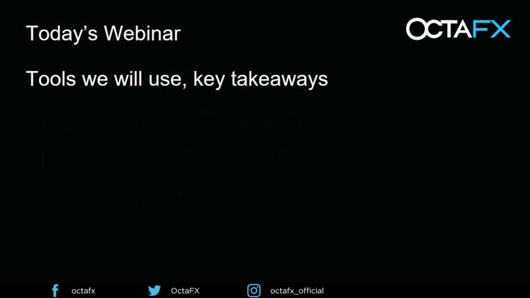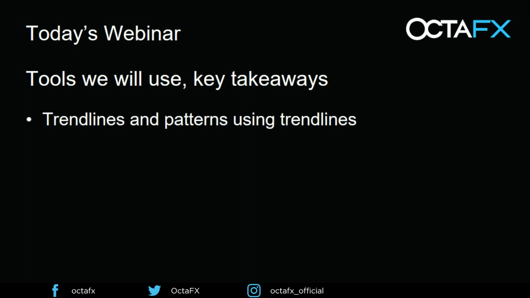And so let's talk briefly about the tools that we're going to use, the key takeaways from today's presentation. We're going to look at trend lines and patterns using trend lines. So we're going to look at channels, flags, triangles, that kind of thing. We're going to look at multiple time frame analysis, so giving yourself an edge by being aware of what's going on in different time frames, and typically longer term time frames.